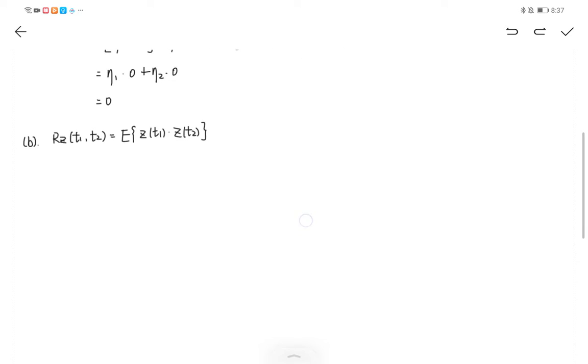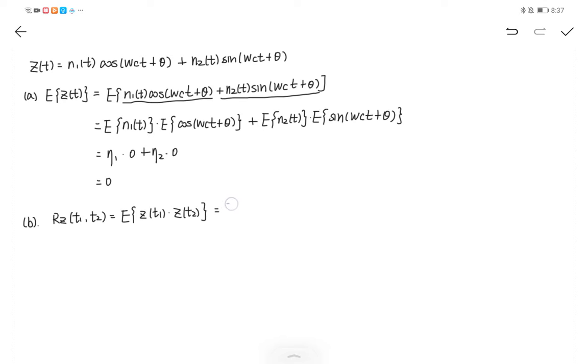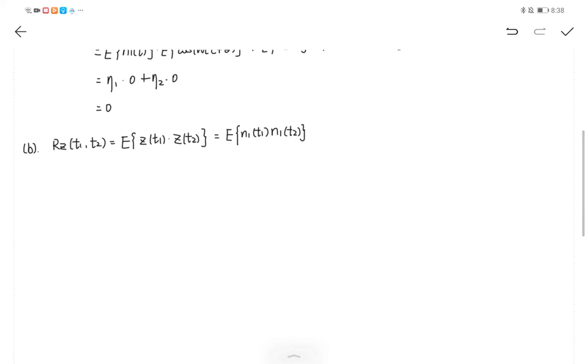So it equals E[N1(t1) N1(t2)] multiplied by E[cosine(omega_c t1 plus theta) multiplied by cosine(omega_c t2 plus theta)].